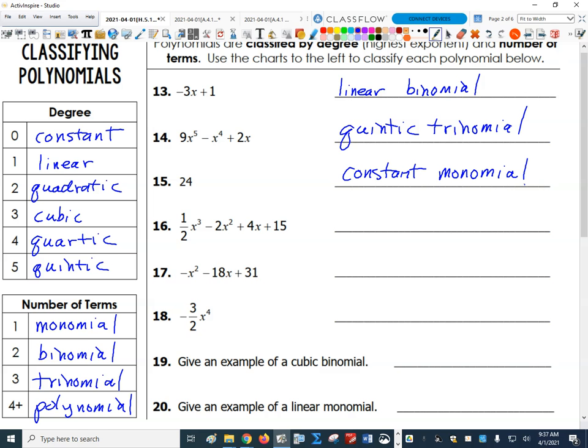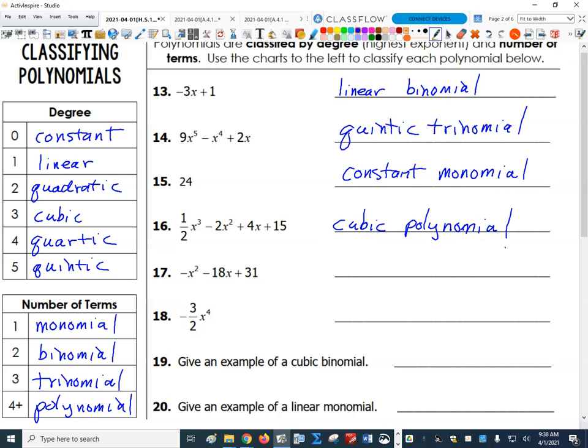Number 16. Cubic polynomial. Number 17. Everybody agree?